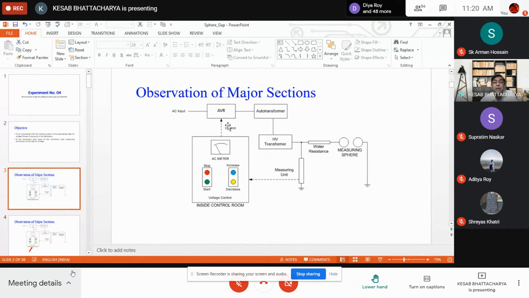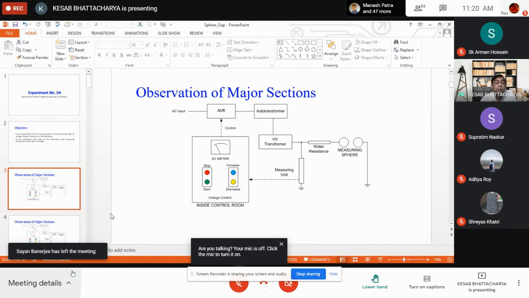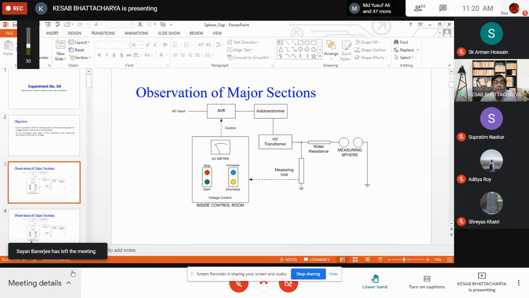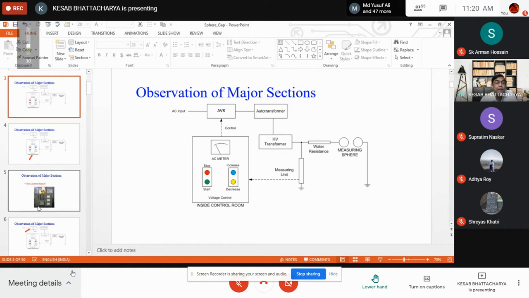This is the AVR, this is the AC meter, these are the voltage control switches. All these things are inside the control room. This is the high voltage transformer, this is the auto transformer, this is the water resistance, and this is the measuring sphere.